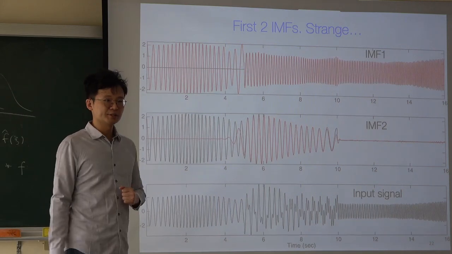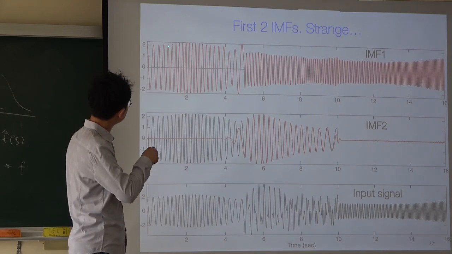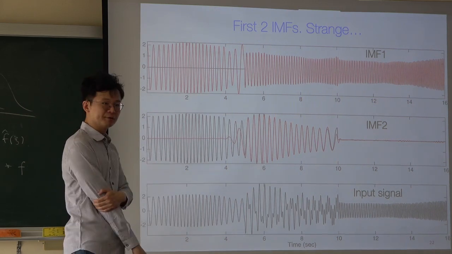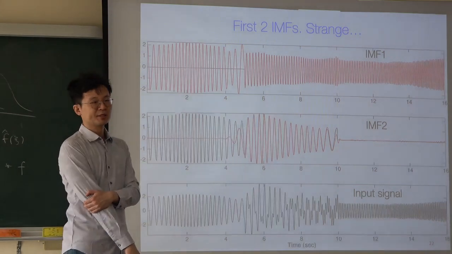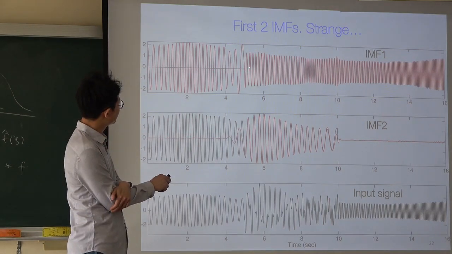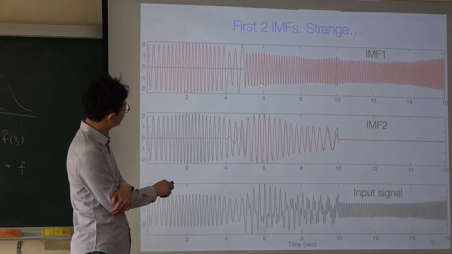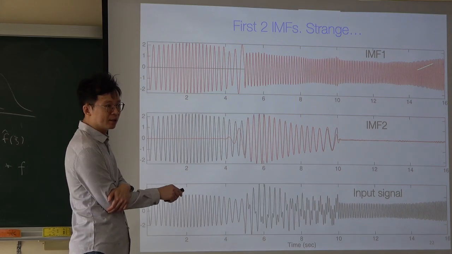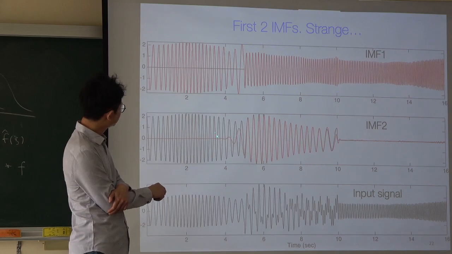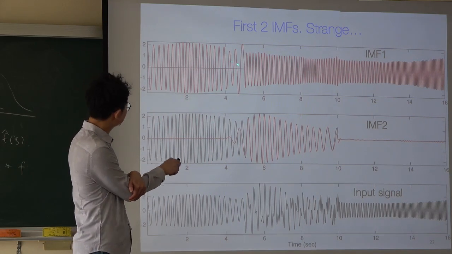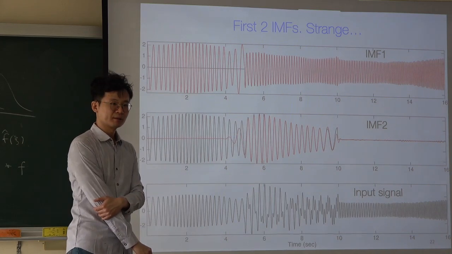And this is the result. The first IMF is the red curve. The second IMF is again the red curve. So what do you see? You see something funny, isn't it? It catches the high frequency component very well on the right-hand side. A low frequency component on the left-hand side is considered as the first IMF.